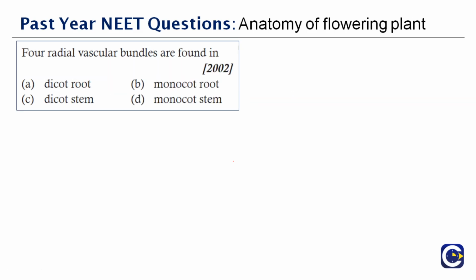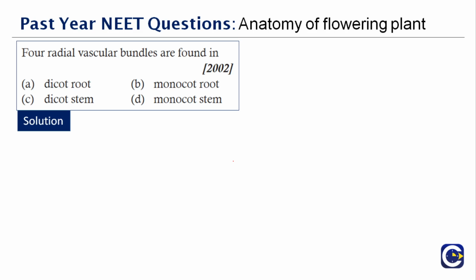Next question here. Four radial vascular bundles are found in dash. This is again an easy question for you because we already saw this in the earlier part. When the radial vascular bundles are four, it always denotes dicot root. When xylem and phloem strands are present in different radii, the vascular bundles are radial, and four radial vascular bundles are present in the dicot root.